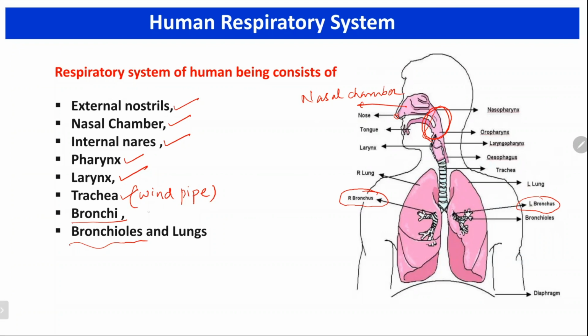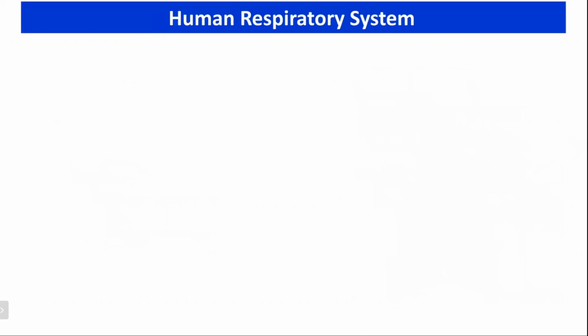Now, bronchi, bronchioles, and alveoli. These components you can find in lungs. So these are all you need to remember. Human respiratory system consists of certain components. What are those components? One by one, you have to remember. The external nostrils, nasal chambers, internal nostrils, pharynx, larynx, trachea, bronchi, bronchioles, right? And lungs. So these are the components we have to discuss in detail.